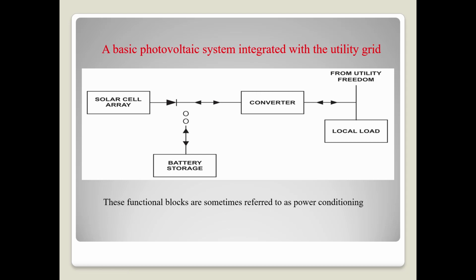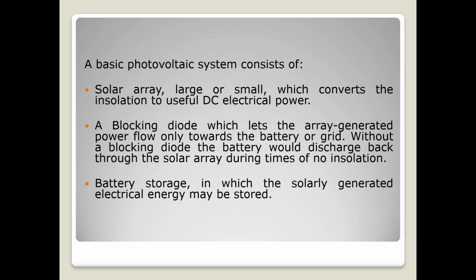We can go briefly into this block diagram description. These functional blocks are sometimes referred to as power conditioning. A basic photovoltaic system consists of a solar array, large or small, which converts the insolation, the sun's radiation, to useful DC electric power.